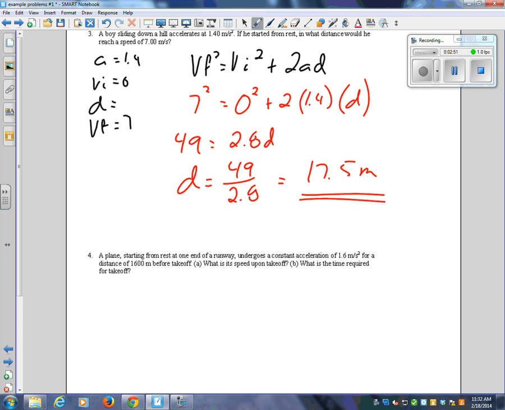Really pretty basic, pretty simple. It's a one-stepper. It's really just identifying the variables that are in the question, plugging in what you know, doing a little bit of math.